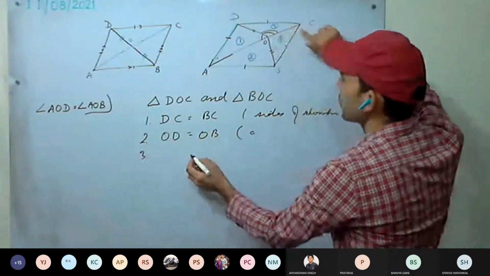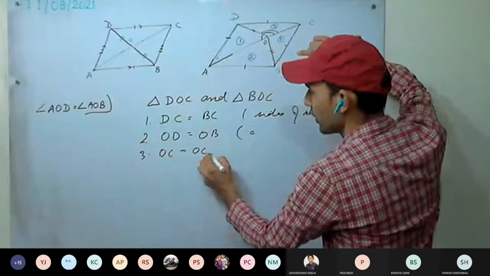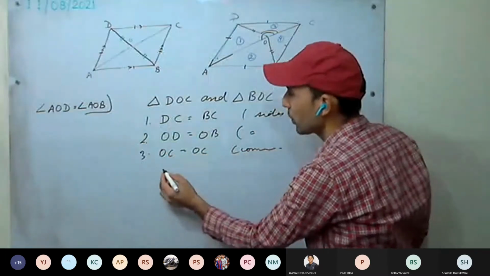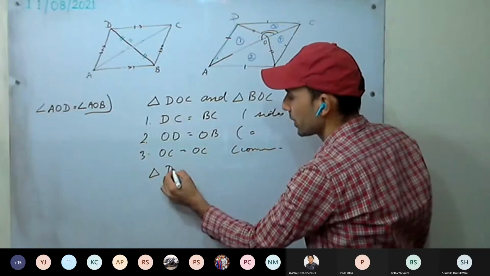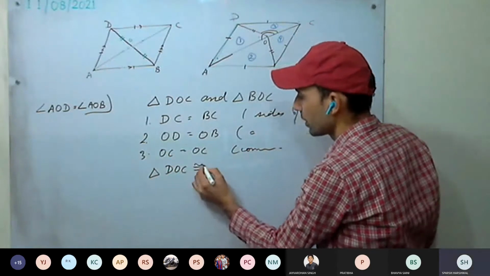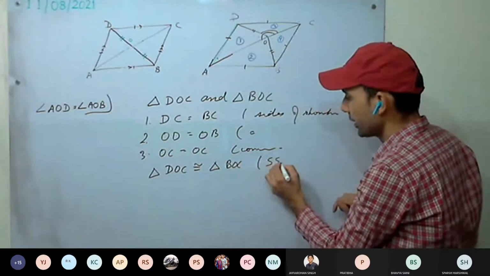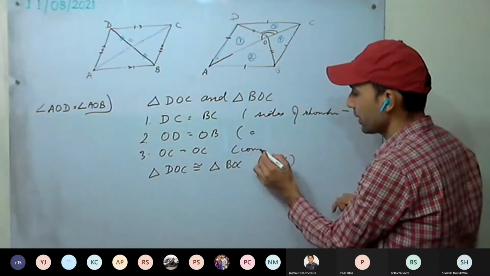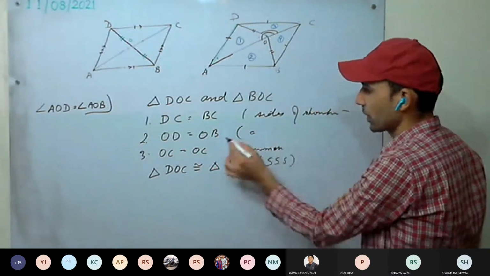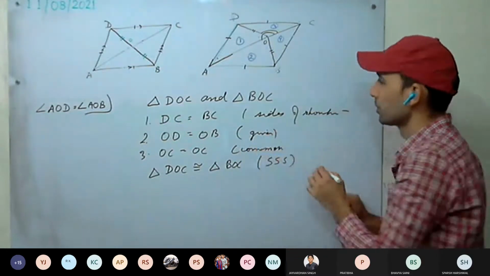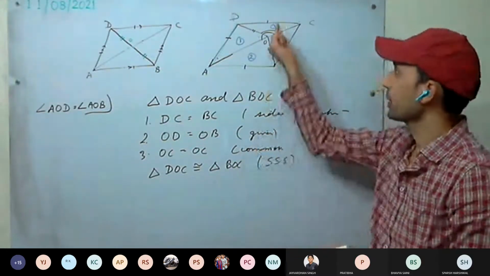Third, OC is common. So by which theorem are both the triangles congruent? By SSS theorem, they are congruent.